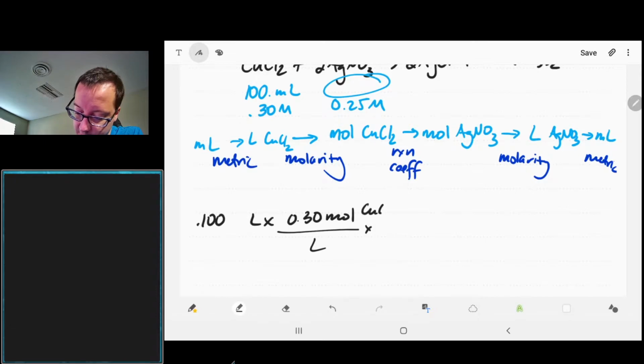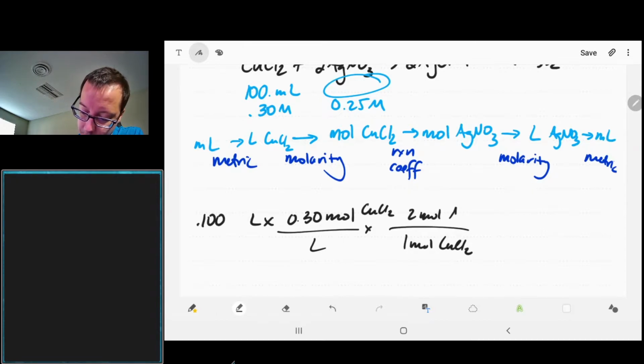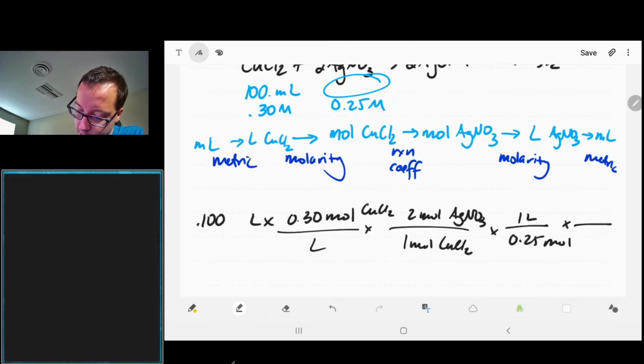This is CuCl2. And then we have our molarity there. Alright, so we have all this.